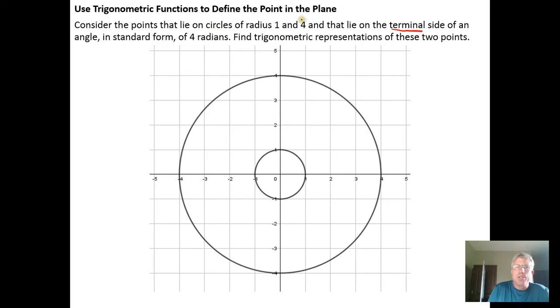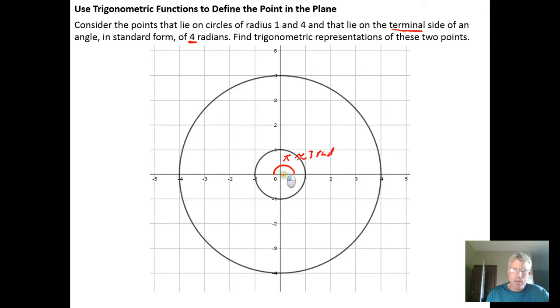So the first thing it might be nice to do is figure out where 4 radians is in the context of the x, y plane. We remember that a half revolution, or 180 degrees, is pi radians. But pi is about 3, so this is about 3 radians to here.